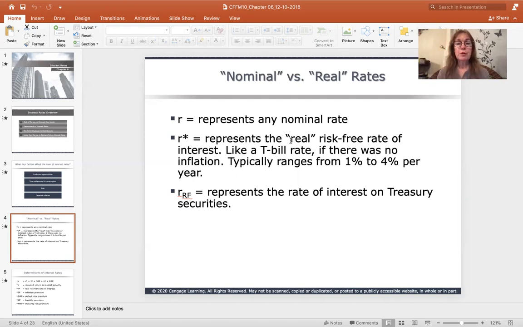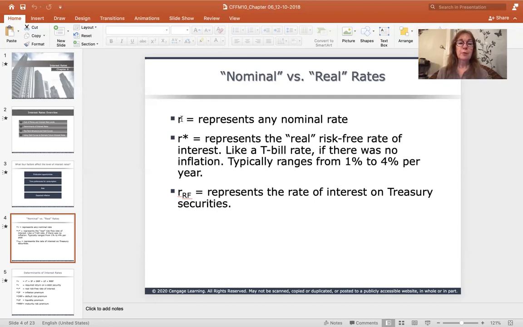The real risk-free rate is when you subtract out inflation. Inflation typically is about 2% these days. So think about this. If you went and bought some T-bills and you were making 2% on those T-bills, which you would be lucky to get in this day and age, and there's 2% inflation, what's your real risk-free rate of interest? 0, 2 minus 2.